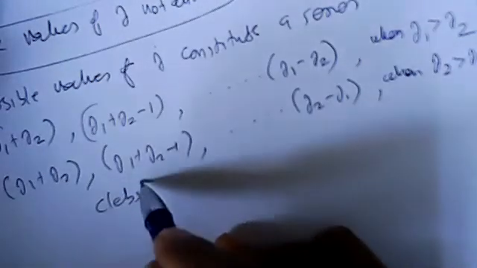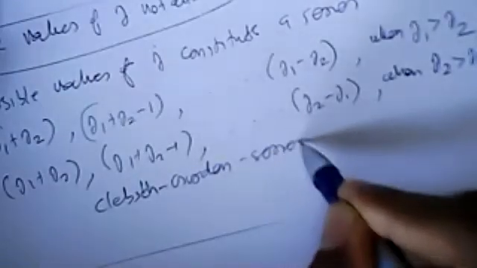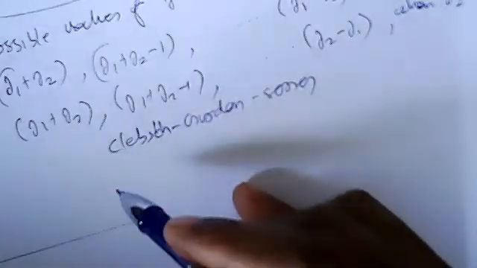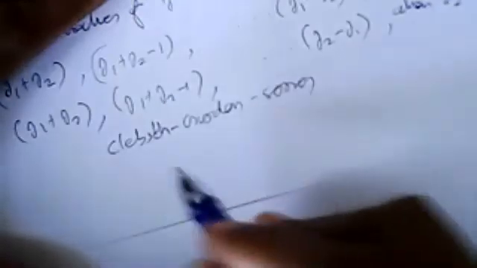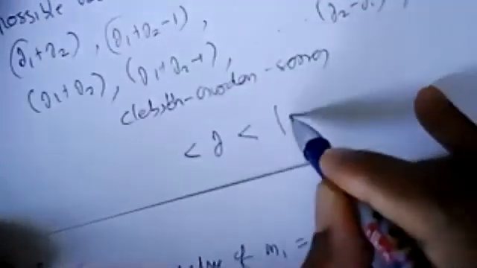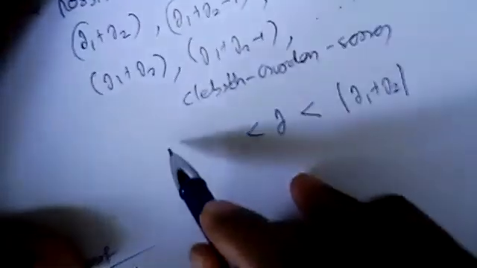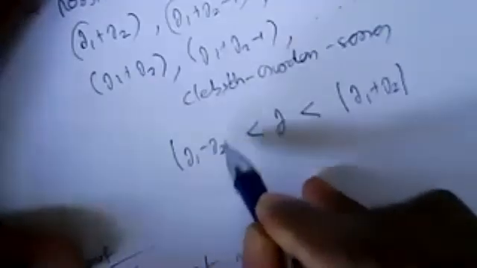So this series is known as Clebsch-Gordon series. And the selection rule, what we obtain from this is, second selection rule obtained from this is the J value varies between maximum value J1 plus J2 and minimum value modulus J1 minus J2.